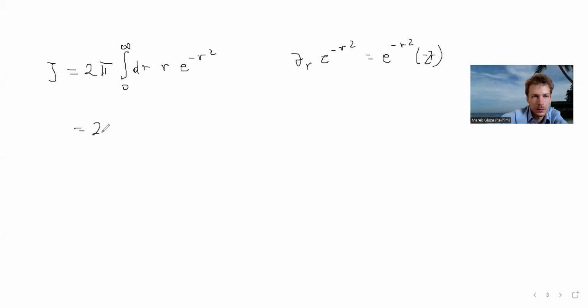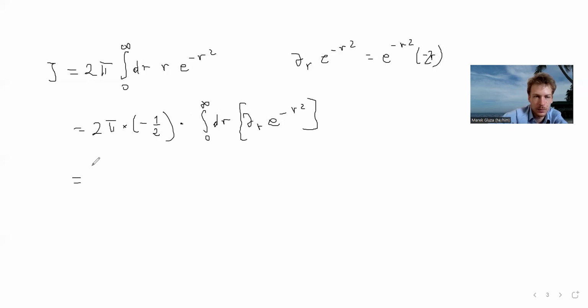So we get that this is 2 pi times minus 1/2 times the integral from 0 to infinity dr e to minus r squared.